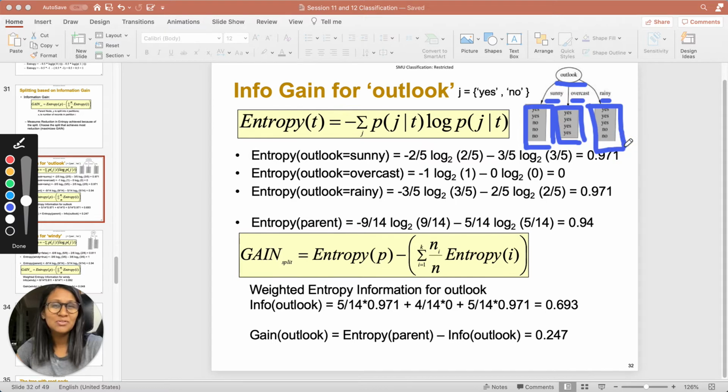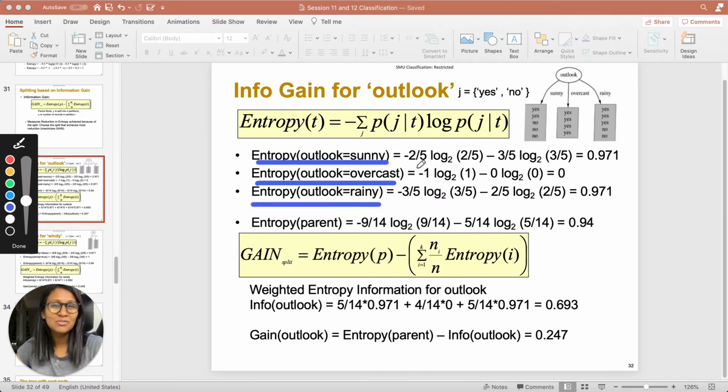Overall, in the entire data set before splitting, we had 14 observations. After splitting, they are split into 3 child nodes with 5, 4, and 5 observations. So we will calculate the entropy of each of the child nodes, which means we will calculate the entropy of outlook equal to sunny, outlook equal to overcast, and outlook equal to rainy.